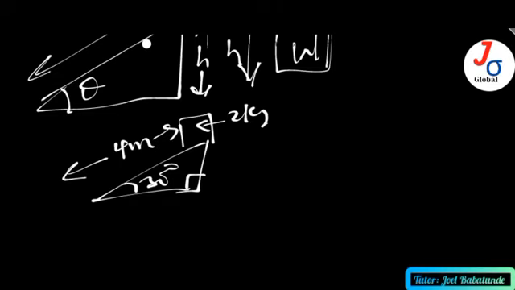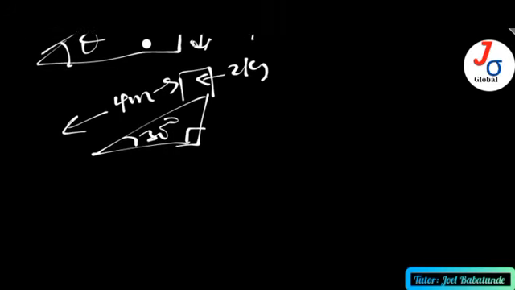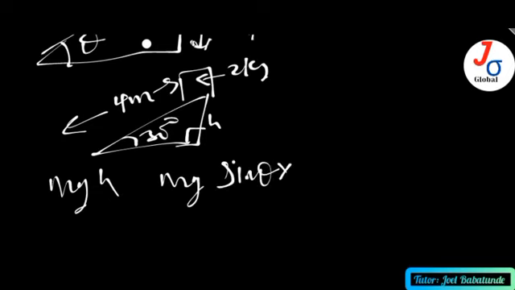All right, assuming you have done that, so I'm going to have mgh, but I don't know my h here, so I can basically just replace that with mg sine theta multiplied by the hypotenuse L. That's the length of the plane. You can do the math yourself.